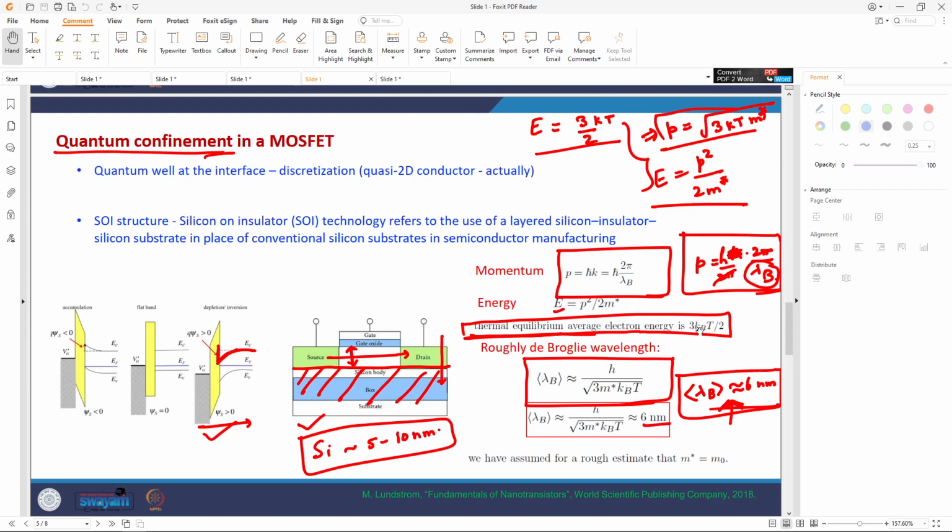The thermal energy is given by 3 kBT by 2, which comes from the law of equipartition. From that we derive the momentum, and from that we get the de Broglie wavelength. So the thermal wavelength is around 6 nanometers. So in principle, if my device channel length is less than 6 nanometers, then quantum effects will become very strong.